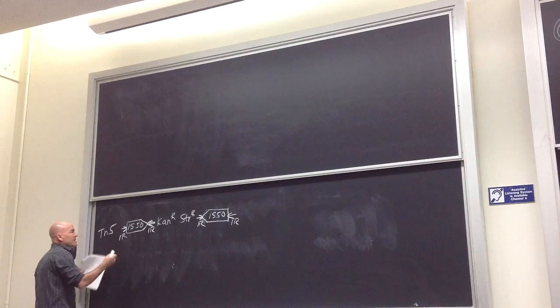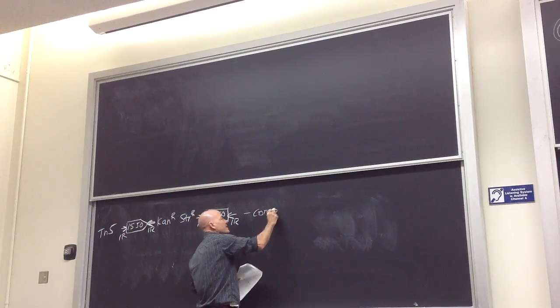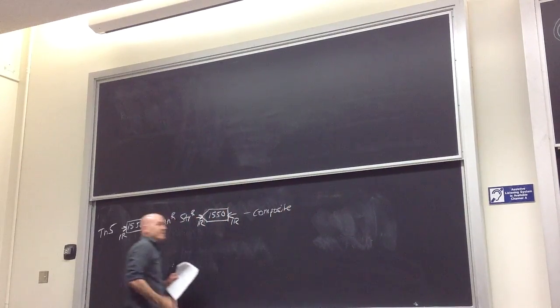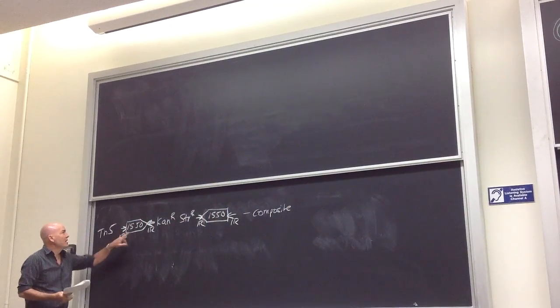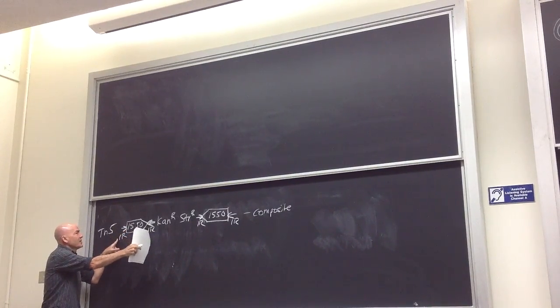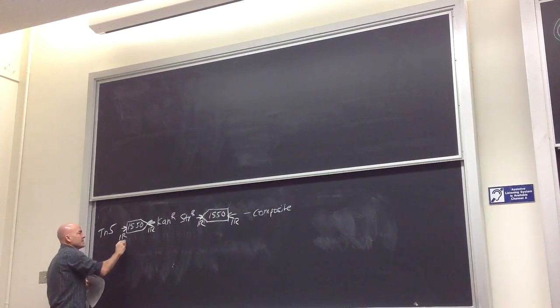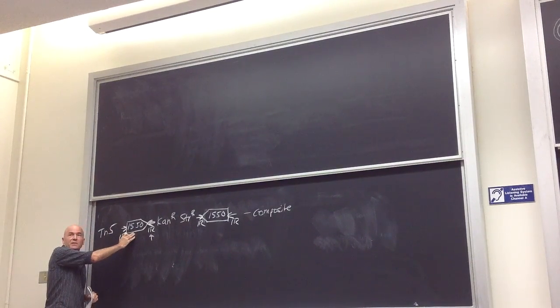Tn5 is a composite transposon. These guys have just been built by nature. How does it get built? Well, IS50 is an insertion sequence that encodes a transposase that can actually transpose and cut this end and move just the IS50.